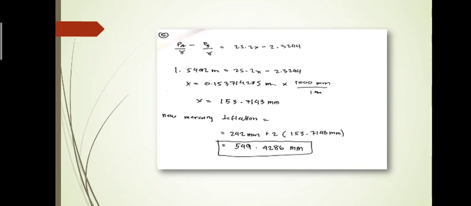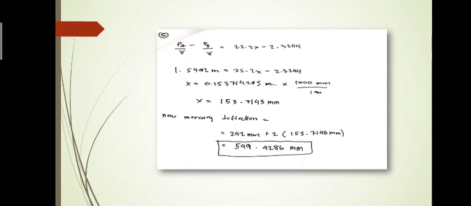I-solve siya, is equals to x equals to 0.153714285 meter. Then i-convert siya into millimeter, i-times siya times of 1,000 mm. Then the answer is x equals 153.7143 millimeter.